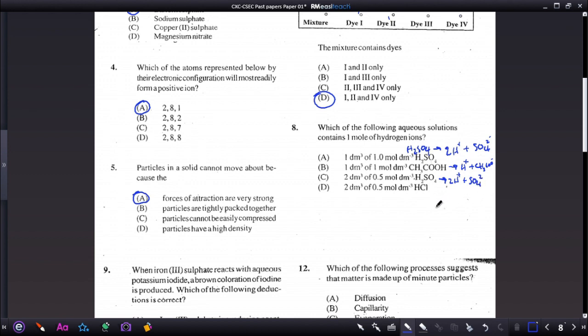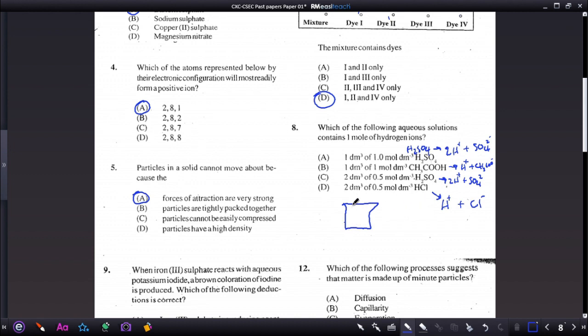And HCl dissociates into 1 mole of H+ and the chloride ion. Alright, so here we have our beaker, and inside of it we add the volume of water and then the moles of the acid.